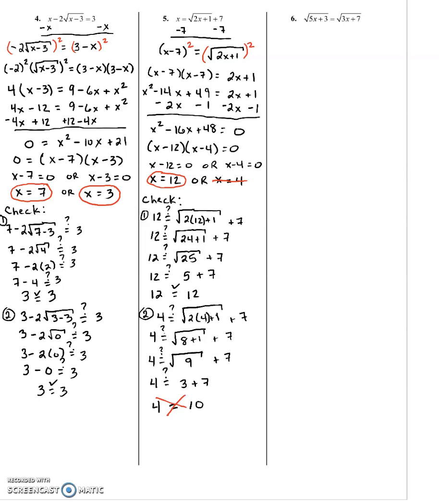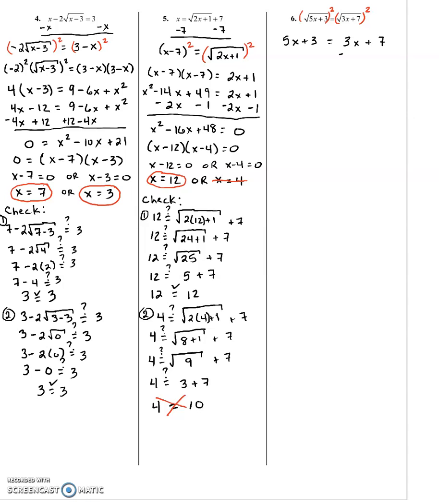Now, number 6 is a little bit different because we have a square root on both sides, but we don't have anything but the square root on both sides. So that means that we can just go ahead and square both sides of the equation, which gives us 5x plus 3 equals 3x plus 7.